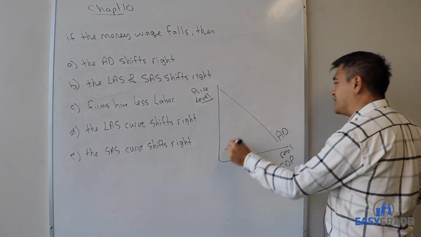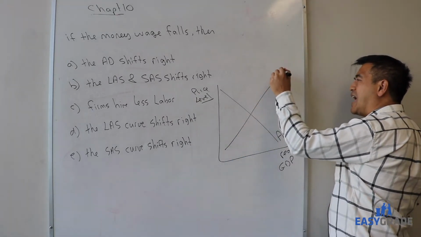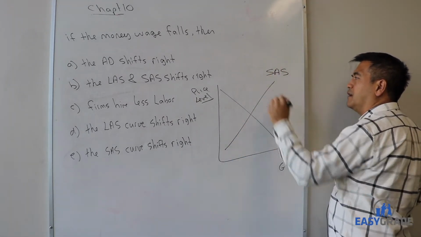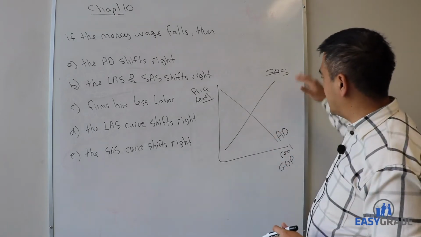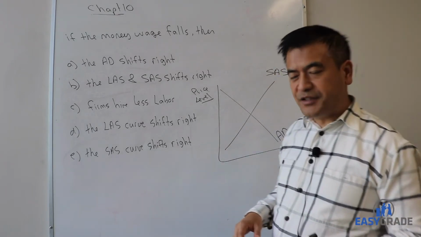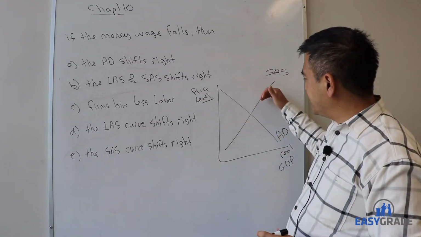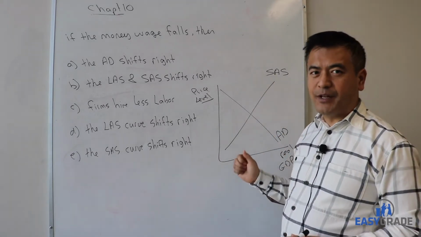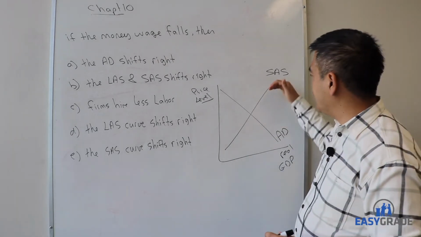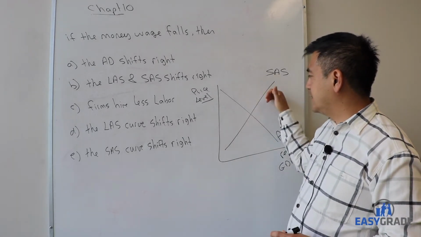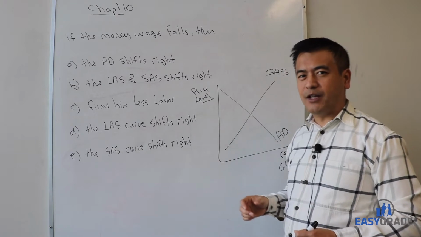So we also have a supply curve, an aggregate supply curve, but for the short run, and it just looks upward sloping like all supply curves do. And this curve is based on the cost of production. So the way that you understand what happens to this curve is simply think of the cost of production.